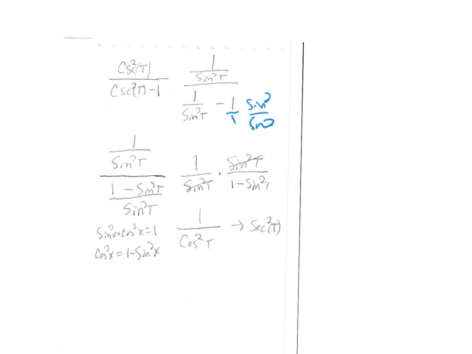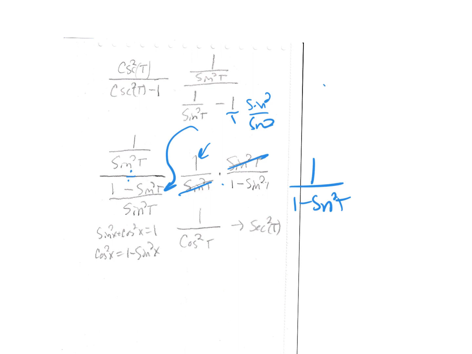That gives me this expression, and I'm able to add those two fractions together. And now I'm going to do that keep, switch, flip thing, as long as I remember that a fraction really means divide. So I kept the first fraction, changed the division to multiplication, flipped the bottom, and the sine squareds canceled out. That leaves me 1 over 1 minus sine squared t.